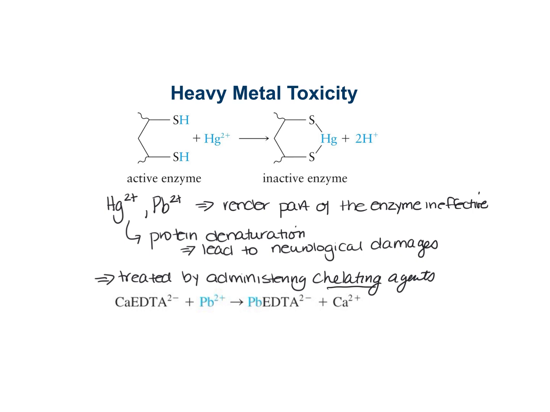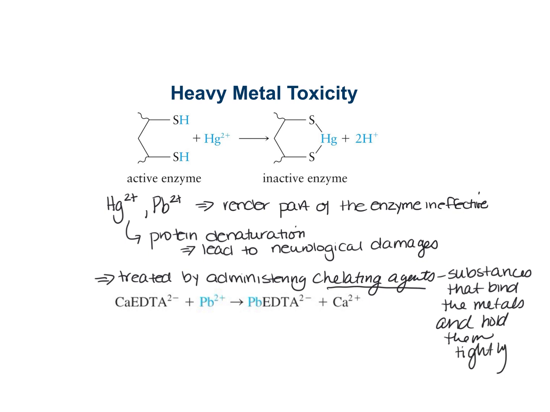Well, these are just substances that bind the metals and hold them tightly. One effective antidote is the chelating agent ethylene diamine tetraacetic acid, which is also called EDTA. So this is a chelating agent.